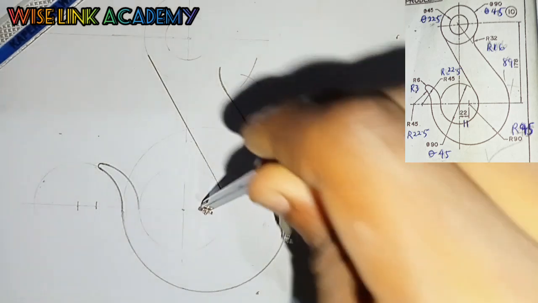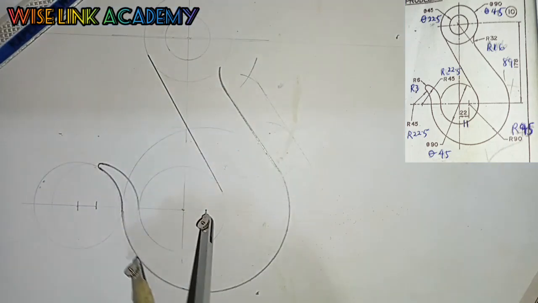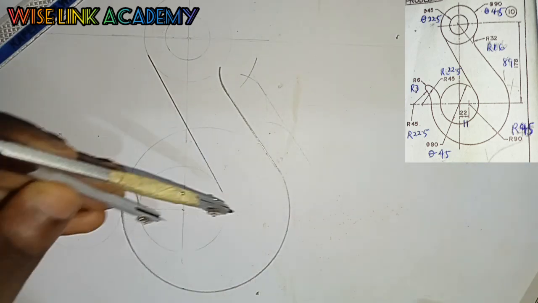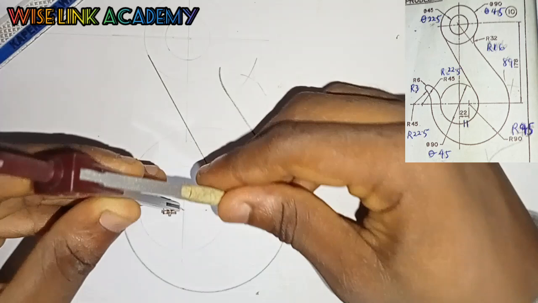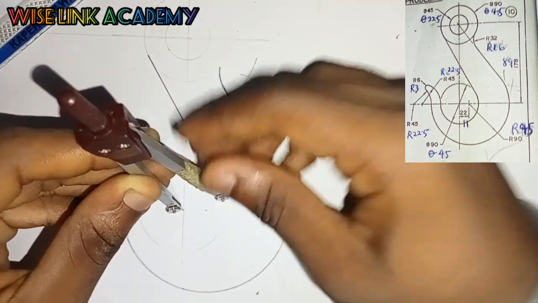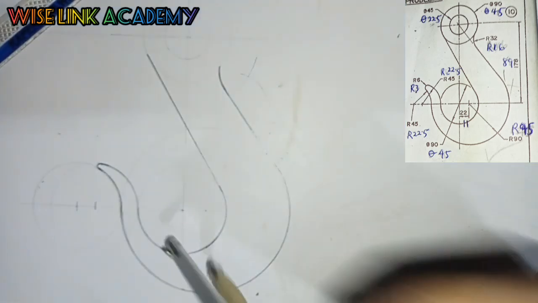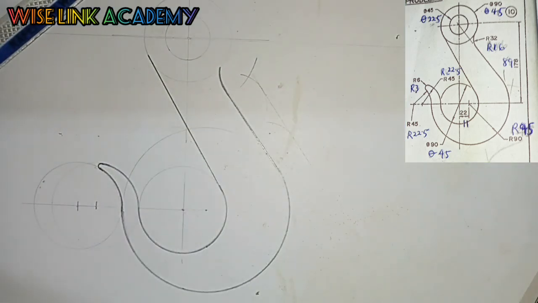By taking it, can you see? Taking it, I'll be having this, you can see that. So I draw the circle from this center point here. We're having this, as you can see.